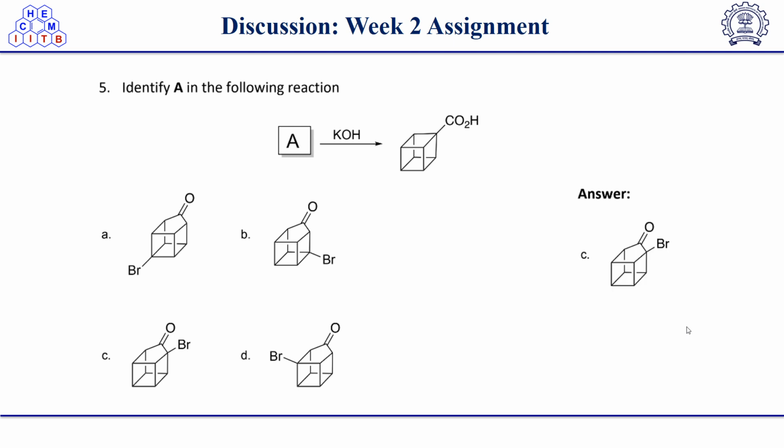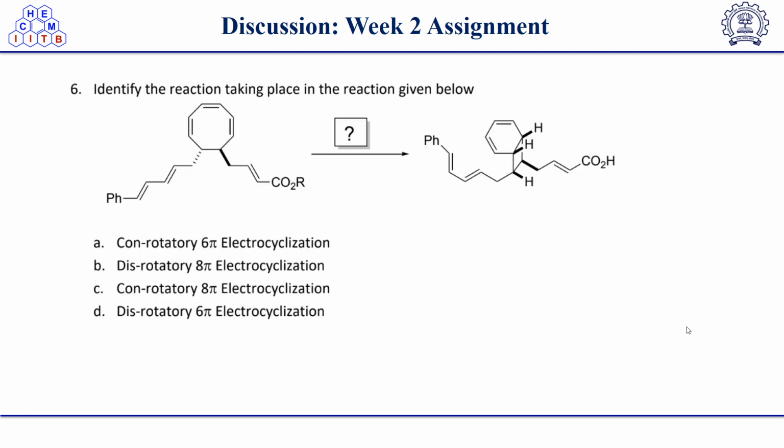Then moving to the next question. Identify the reaction taking place in the reaction given below. So this is also another electrocyclization. So what is happening here? Conrotatory 6 pi electrocyclization, disrotatory 8 pi electrocyclization, conrotatory 8 pi electrocyclization, disrotatory 6 pi electrocyclization.